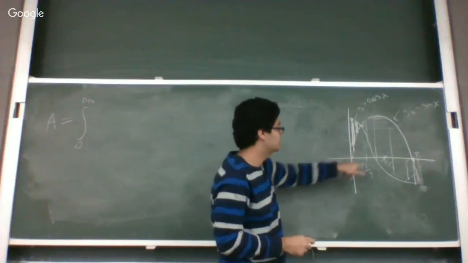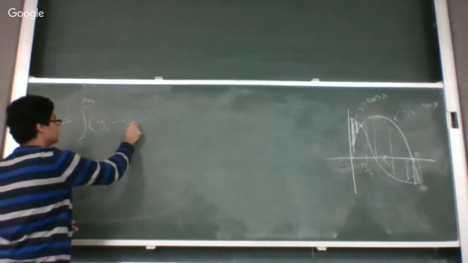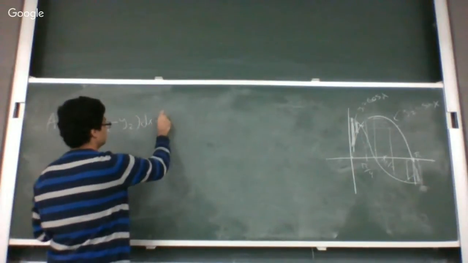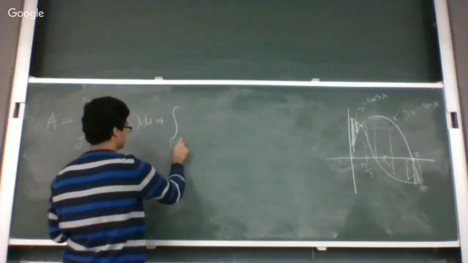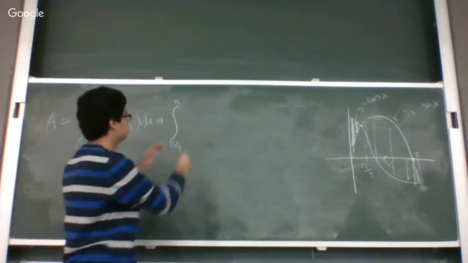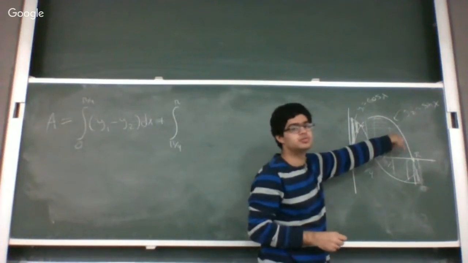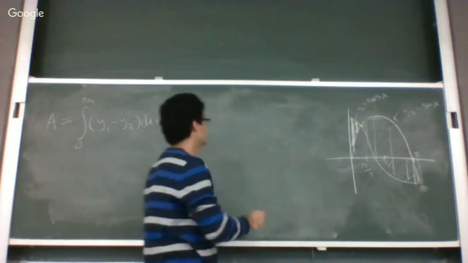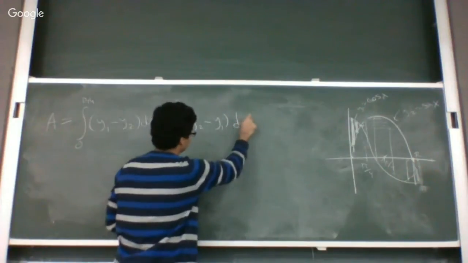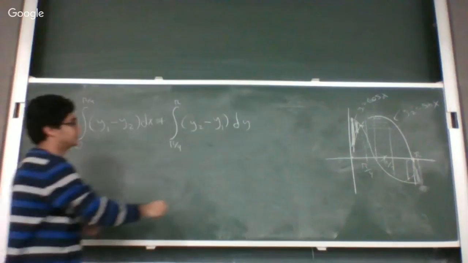Bottom function? Sine. So it's y1 minus y2 dx plus the integral from pi over 4 to pi. The top function is now sine, y2 minus y1 dy. Sorry, dx. Yeah, dx.